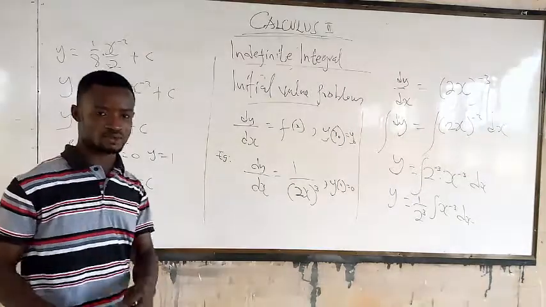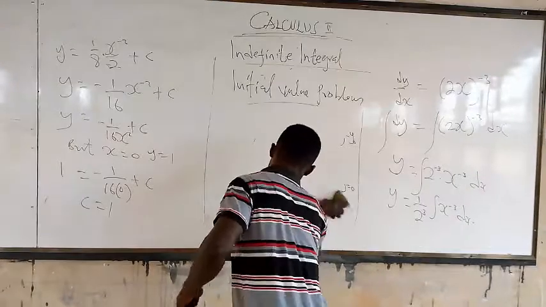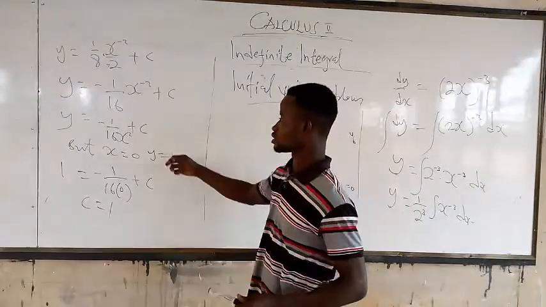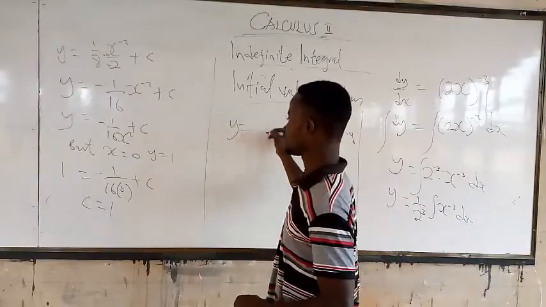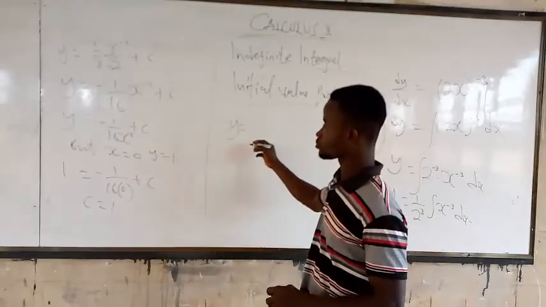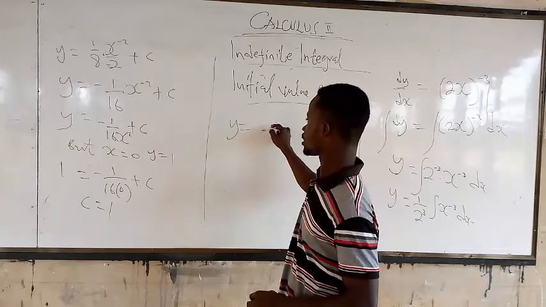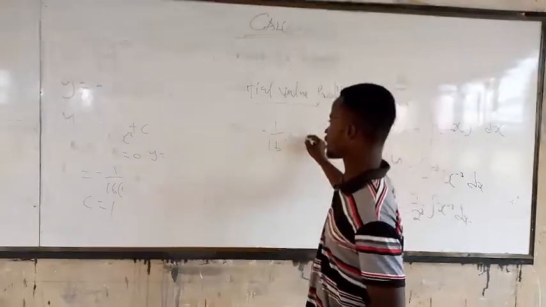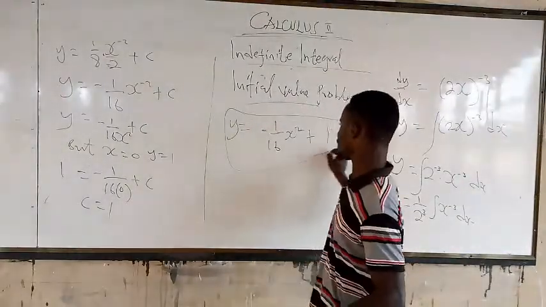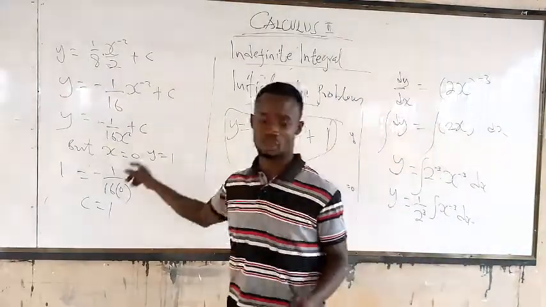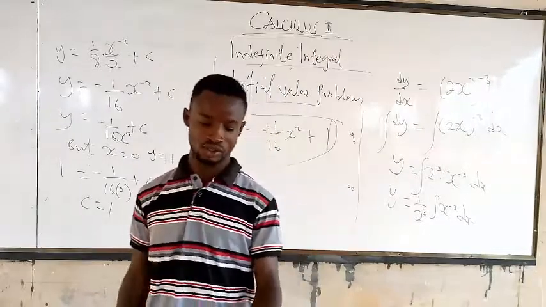And when we get c equal to 1, we do the substitution back into the equation. So you get y equal to negative 1 over 16 x squared plus 1, because the c here is now 1. So this is a particular solution, and the earlier one is the general solution. So that is the idea that I want to give you for that.